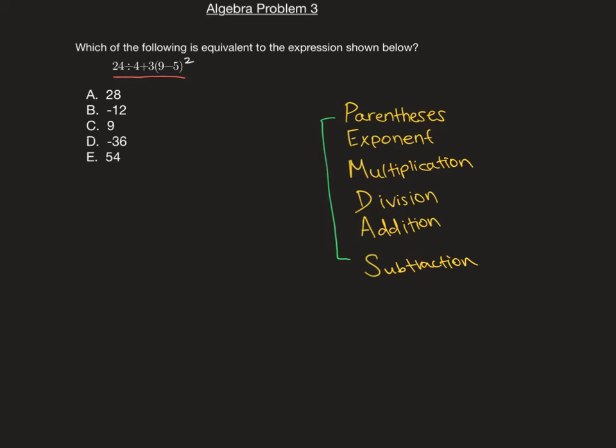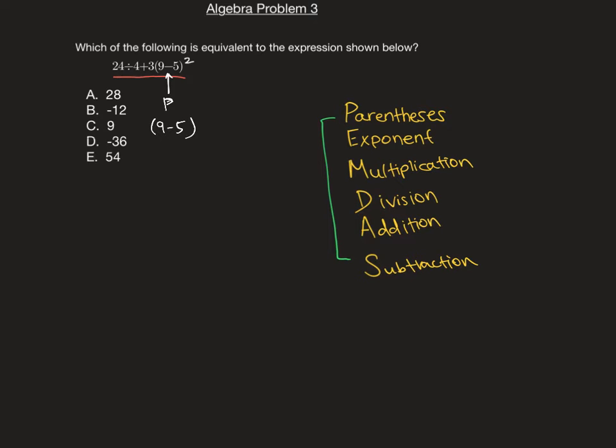First thing we have to look for is, do we have any parentheses in our equation? Let's jump back into the equation. What's in our parentheses? In our parentheses, which are right here, that's our P. That's 9 minus 5.